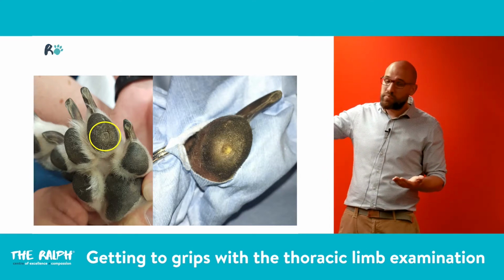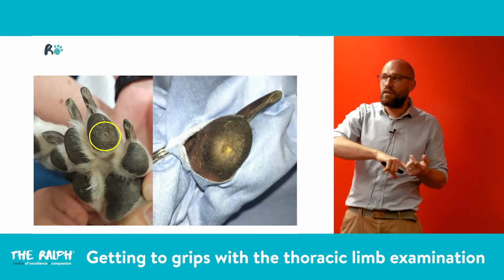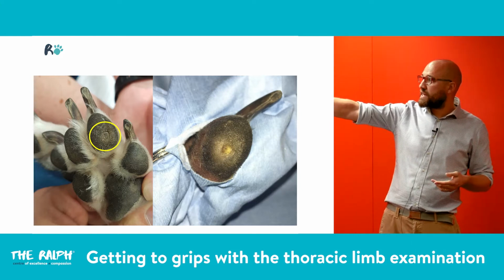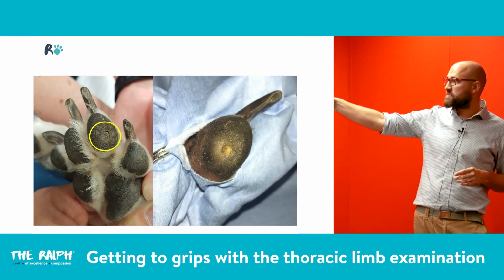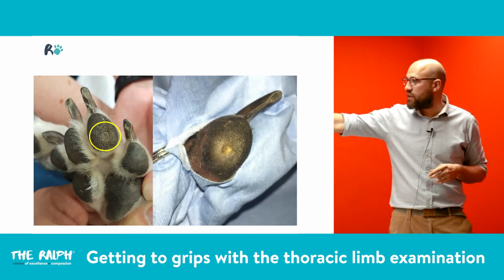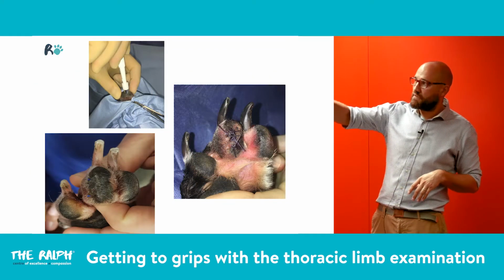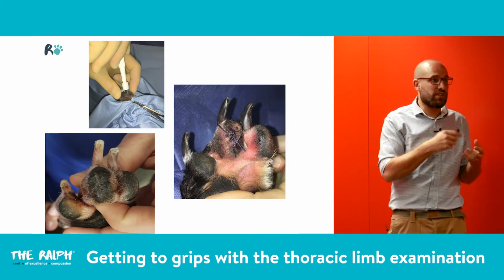So in this case, we started putting some pad cream, and then 1 week later, poof, it came out, and it became very, very obvious. And so in this case, for example, on this dog, last week I ended up doing surgery to remove it.